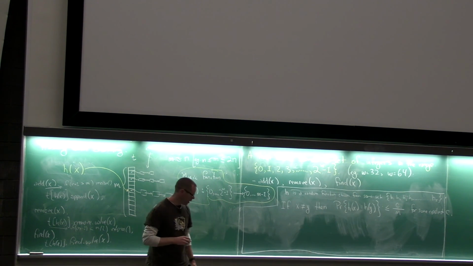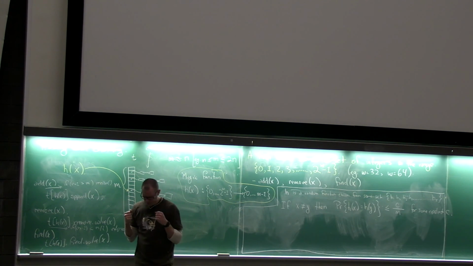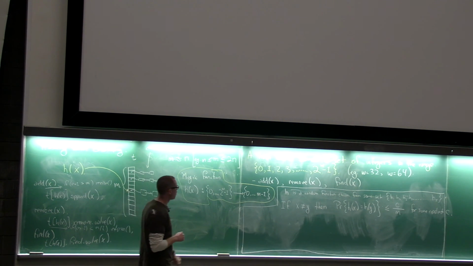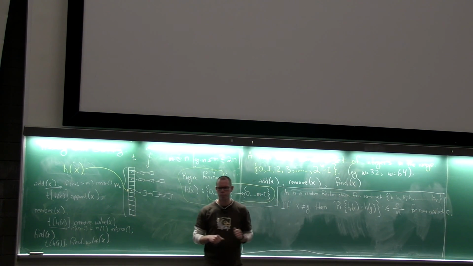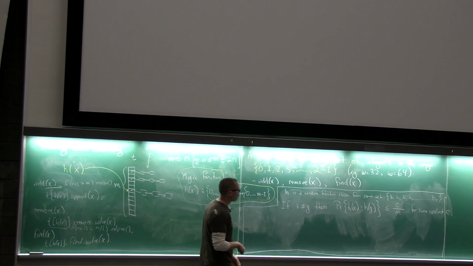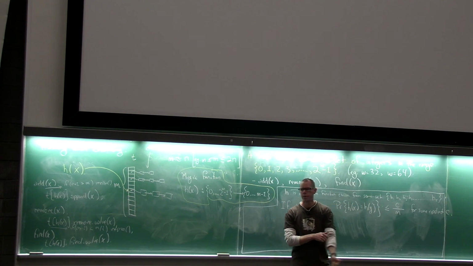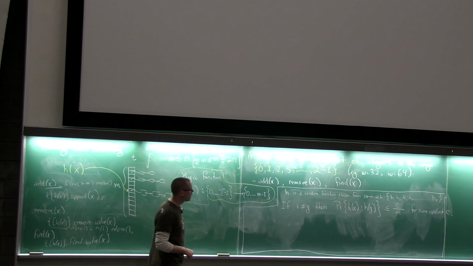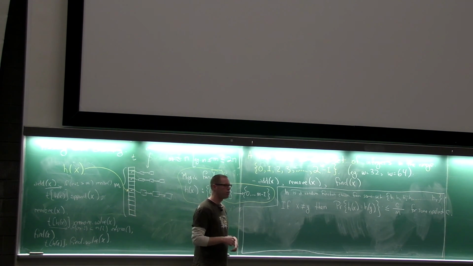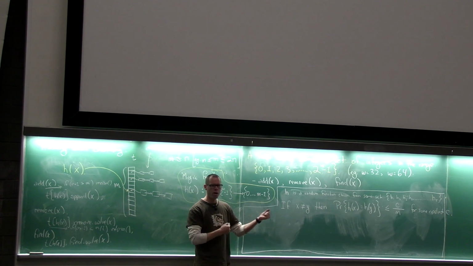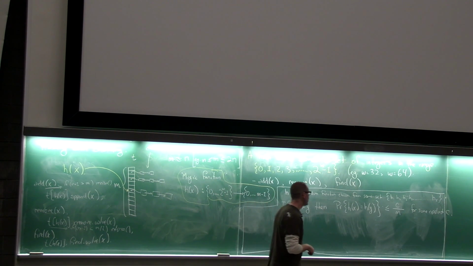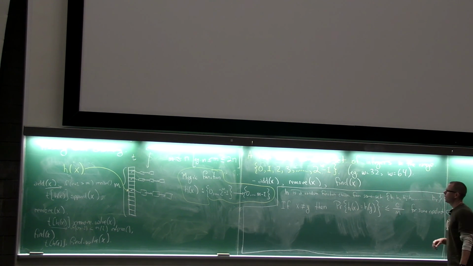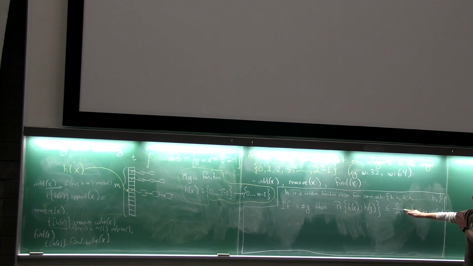That says, take two elements, x and y, that are different. So maybe 1 and 42. I pick a random function from this family, and for some of those functions, maybe h of x and h of y are the same. And for some of those functions, h of x and h of y are different. And what I want is that the probability, if I pick at random from here, that I get h of x and h of y the same, should be small. It should be about 1 over m.